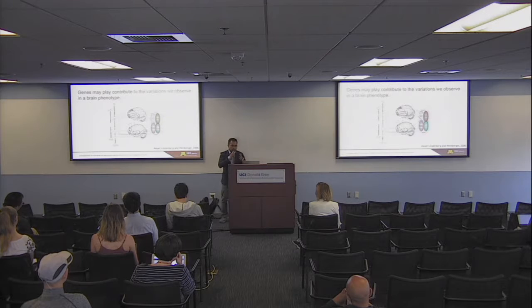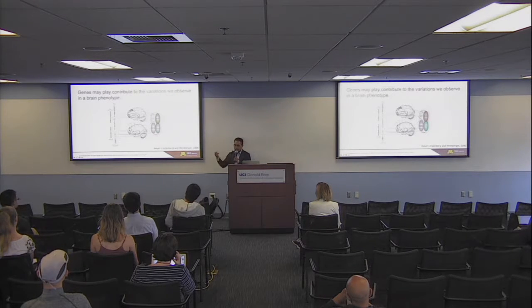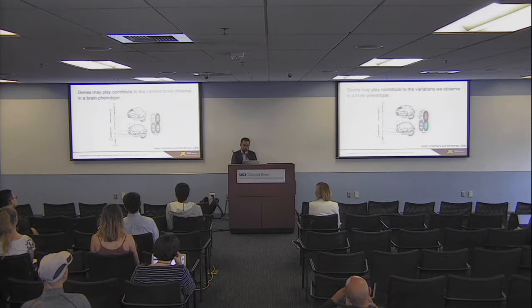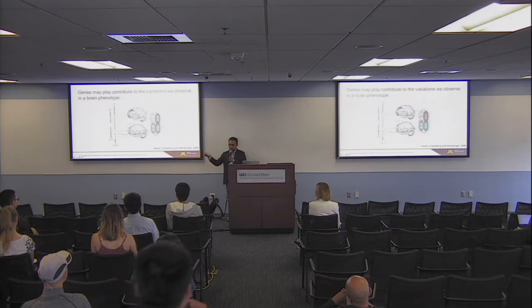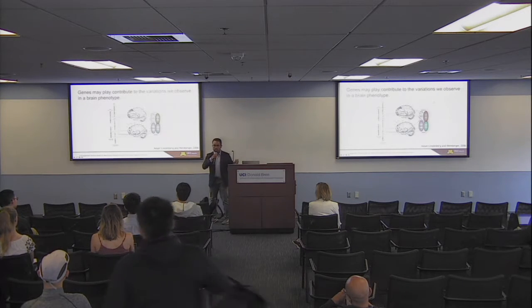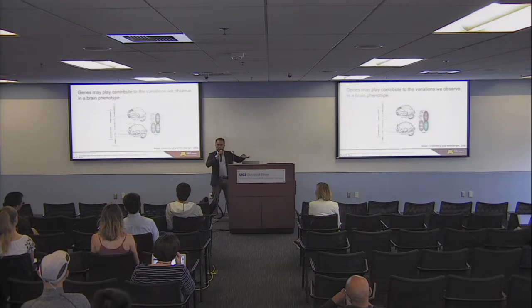So imaging genetics combines these two worlds together, namely that if we have, say, APOE associated with Alzheimer's, but we also know that Alzheimer's is associated with memory and other types of cognitive function, then perhaps it is the gene that affects the brain, which then leads to the changes that we see as a result of Alzheimer's disease. So it's this combination of the two worlds, and that is imaging genetics.